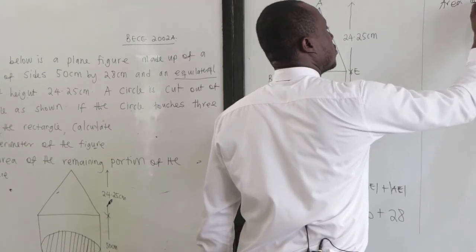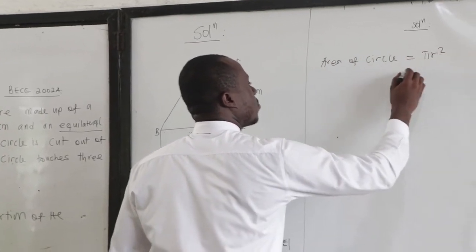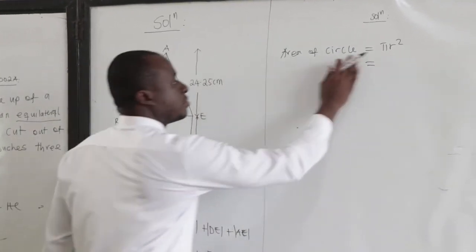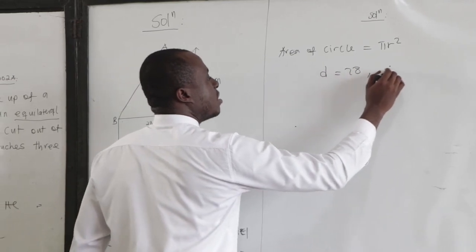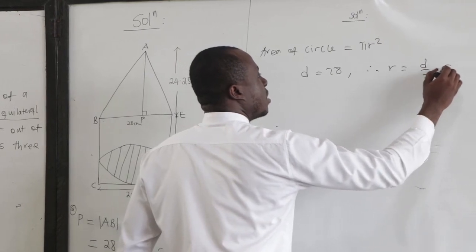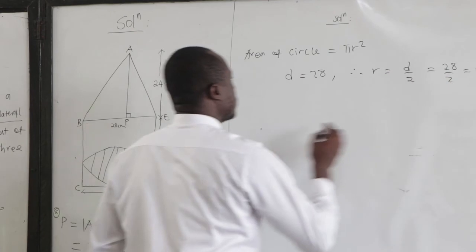Now, what is the area of the circle? We know it's pi r squared. CD is a diameter, so the diameter is 28. Therefore, our radius is diameter over 2, which is 28 over 2, which is 14.